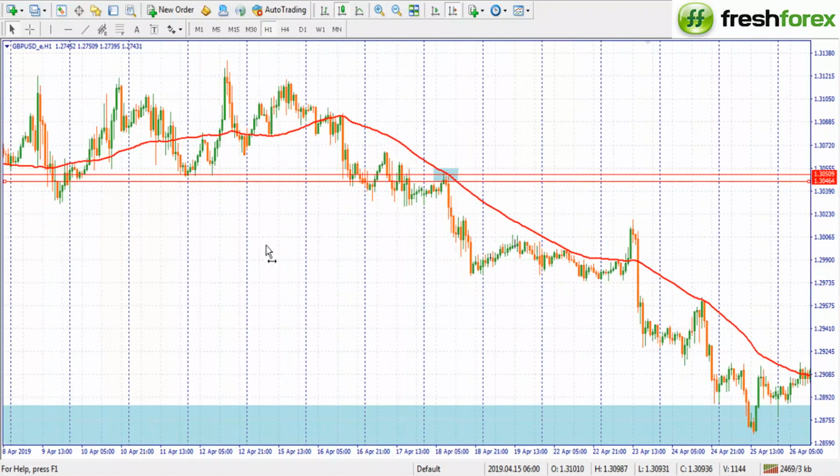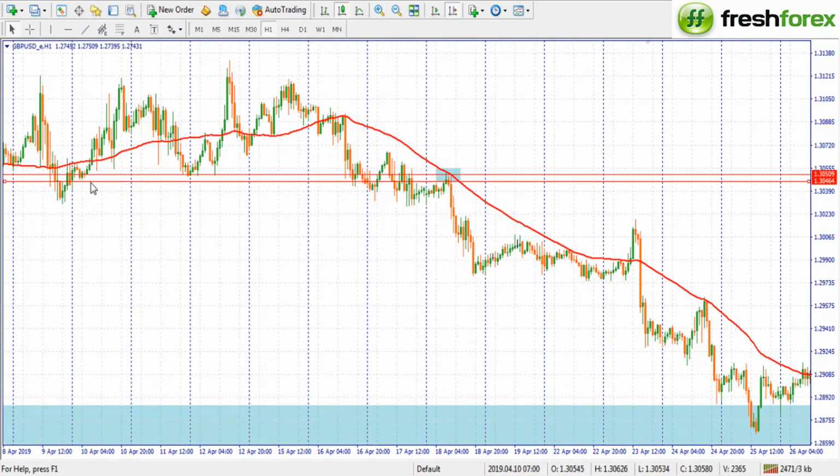This is actually a very good level. You can see previously we had horizontal support. Price went below it, came back the first time as a resistance, continued down, back to the same place as a resistance. So before you actually trigger a sell at this point, ensure that the same place is a key level horizontally.